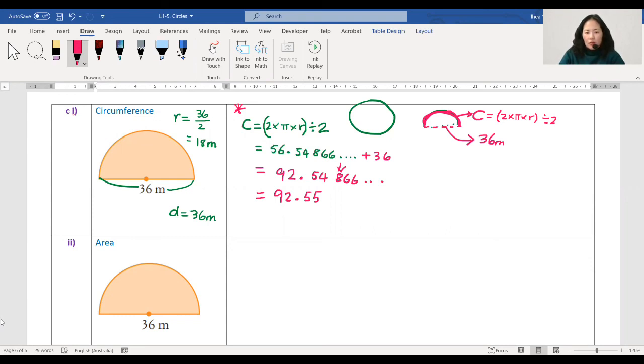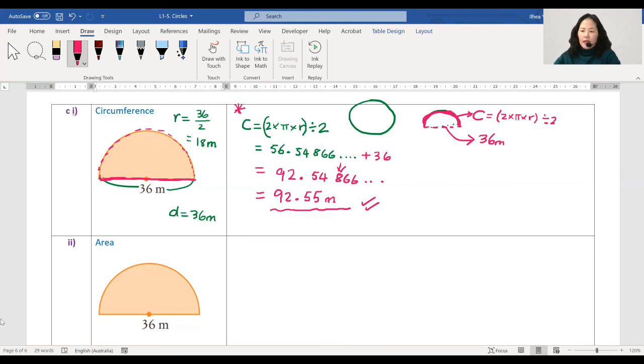So this will be 92.55 meters. Now be very, very careful about this. You must add this part, because the formula just gives you the curved part. It doesn't give you the straight diameter part. So make sure you add them on to that.